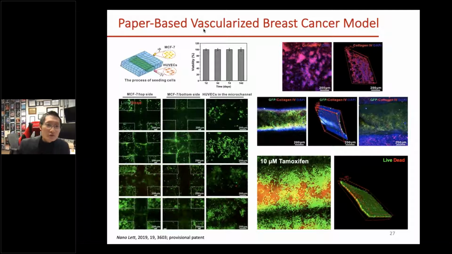With the reconstructed, rehydrated device, you can then seed, for example, endothelial cells into the hollow channel configuration, and in the surrounding matrix you can seed breast cancer cells, creating a vascularized breast cancer tissue at the bedside.